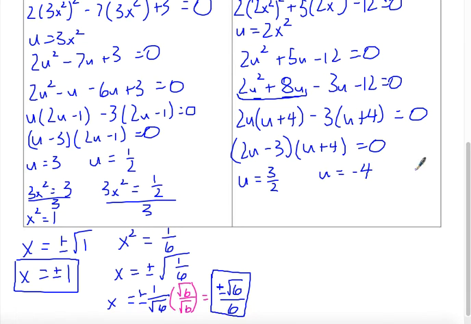Remember, we don't want to solve for what u is. We want to solve for x. So since u is equal to 2x squared, that means 2x squared equals 3 halves. So divide by 2 on both sides, which is the same as multiplying by a half on both sides. So x squared is 3/4.